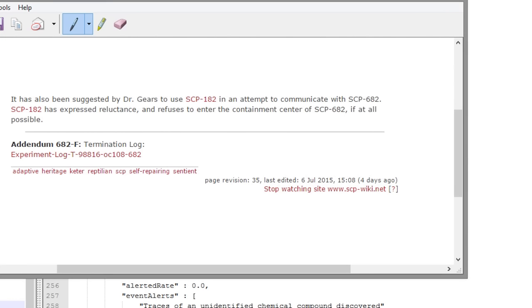So a Safe object is going to be a lot less difficult to handle than a Keter object is going to be. So it allows me to scale up maybe damage or movement or any of the abilities that a Keter object might have. And then we look at some of these other tags like self-repairing.